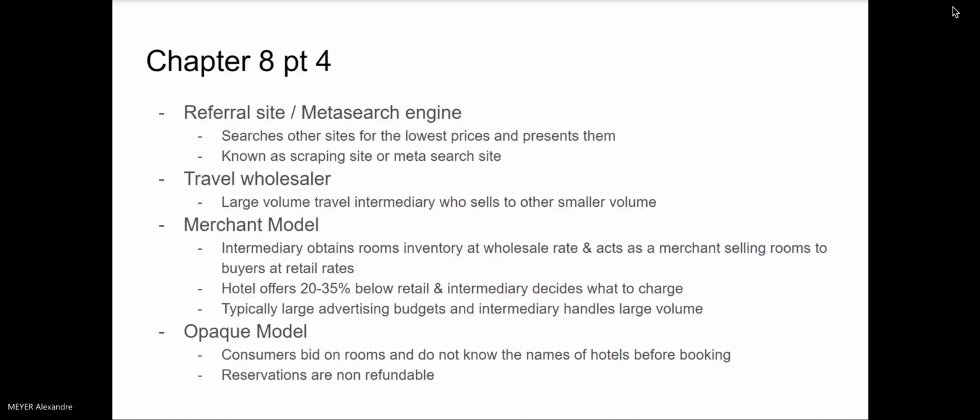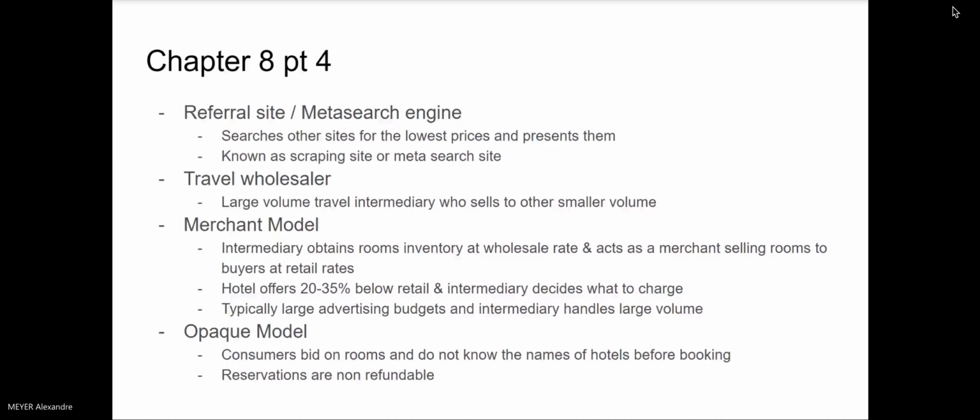Opaque models, especially for high-end hotels, are sort of a last resort. Essentially, it's anonymous. You bid on rooms, you give your requirements, and if you win a bid, you still don't know where you're going. You know the location roughly. If you say you want a hotel in Madrid, you'll get a hotel in Madrid, but you don't know which one. Reservations are generally non-refundable, and you only get to know where you're staying after you've made the payment.